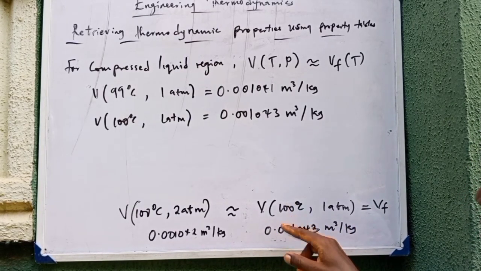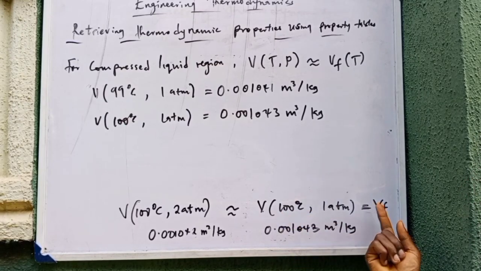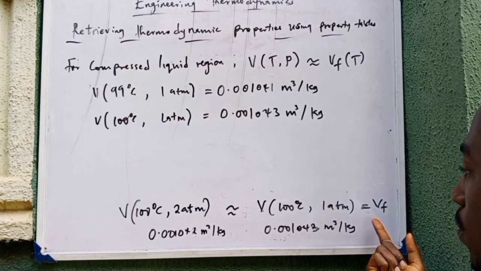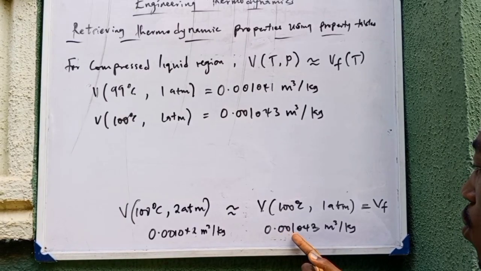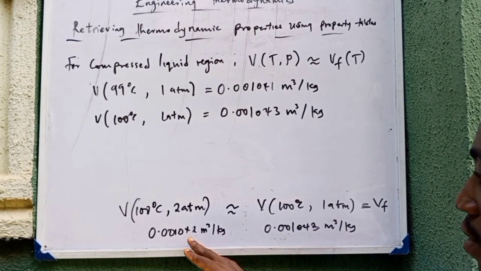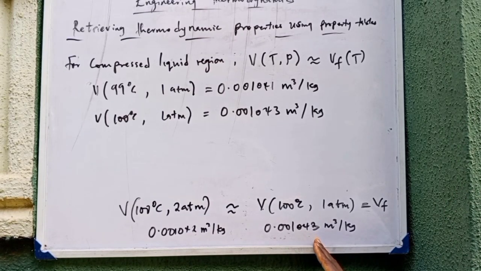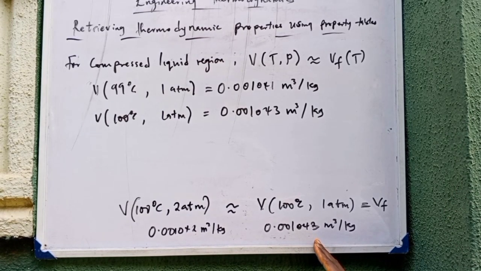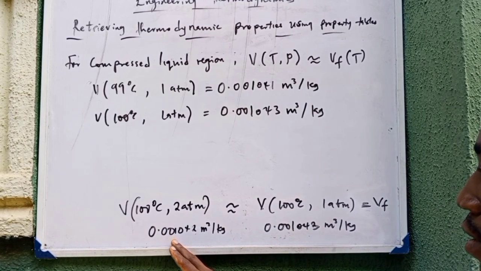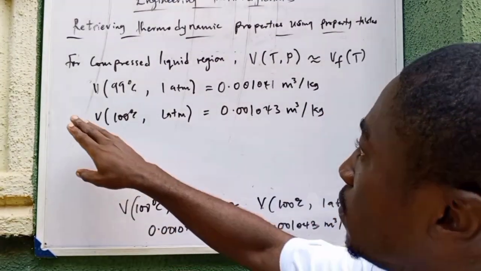And remember that these are saturation values, so in that case, this is Vf. So Vf is 0.001043 meter cube per kilogram. Now check the difference. We ended with 4.2 here. We are ending with 4.3 here. So you can see here that the difference is what? 0.000001.